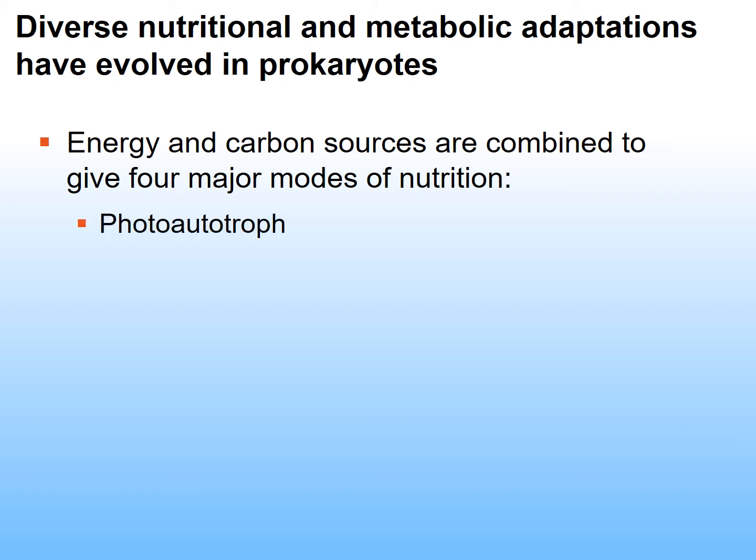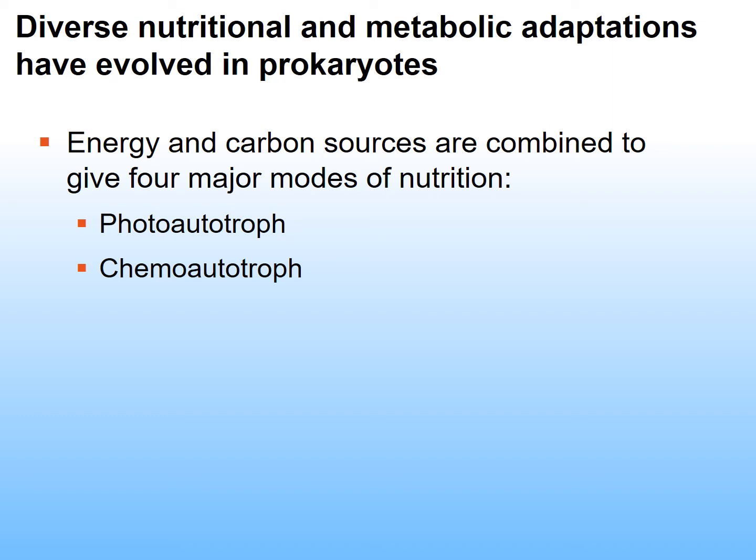We've got the photoautotroph, obtains energy from light, and then carbon from usually carbon dioxide, and they make their own food, right? So they make their own carbon sources from gaseous sources. Chemoautotrophs are those organisms that obtain their energy from organic or inorganic compounds, and in this case, they're autotrophic, so they can actually make their own food.